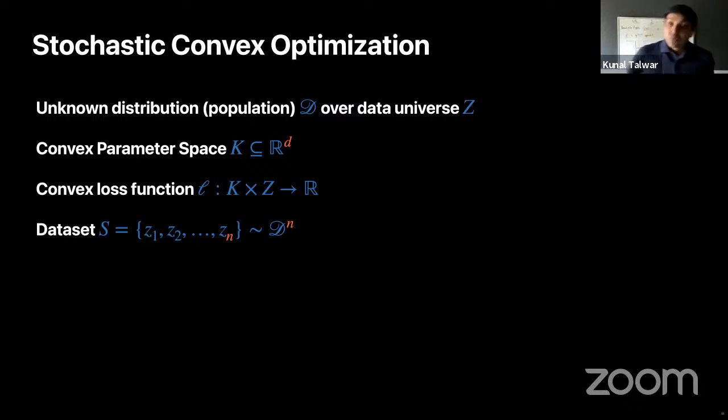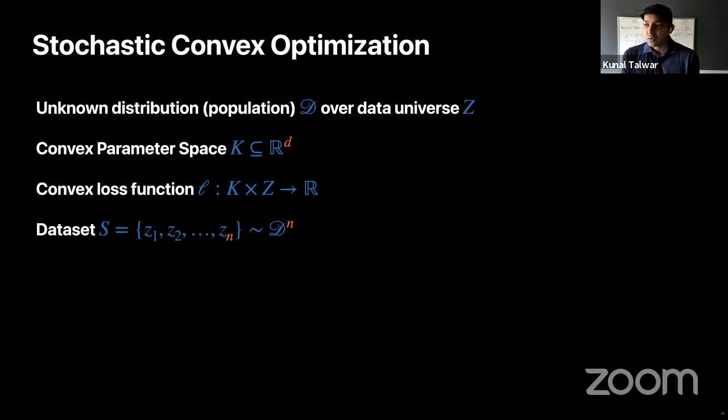These are assumed to come from some unknown distribution D, and we'll call this the population. We're trying to learn some specific aspects of this distribution, and we'll summarize our learnings using some parameter that we'll call theta. This theta will be restricted to belong to some convex subset of R^d.